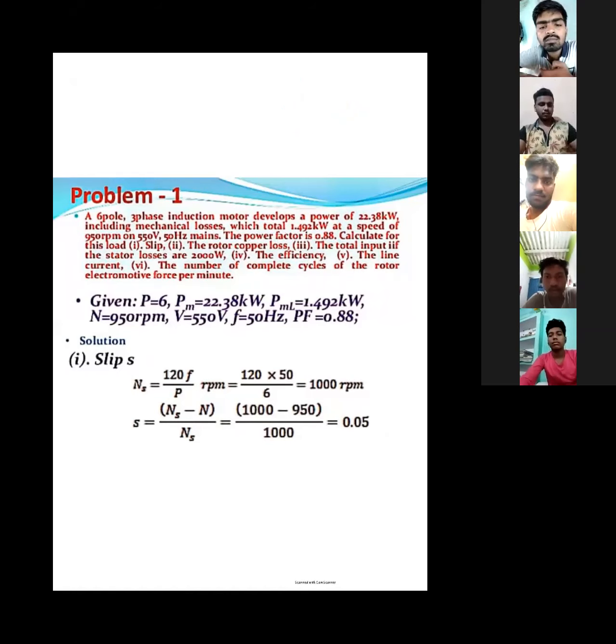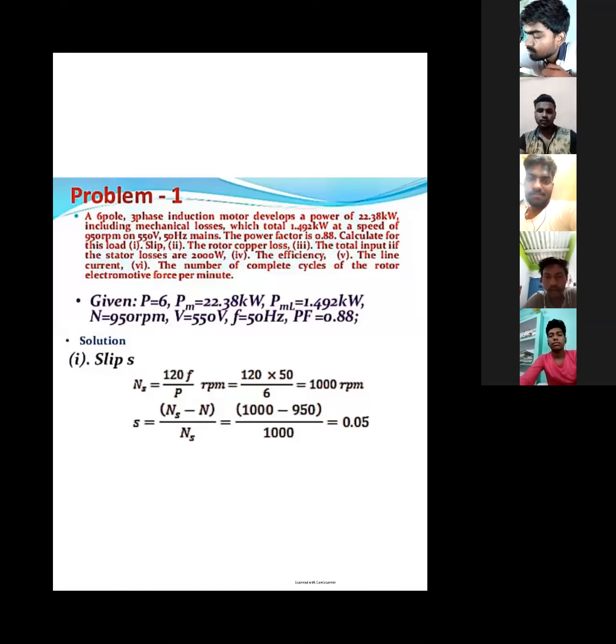So we know the definition of the slip. Slip is the decrement of the speed of the rotor when we compare it with the synchronous speed, that is the speed of the rotating magnetic field.